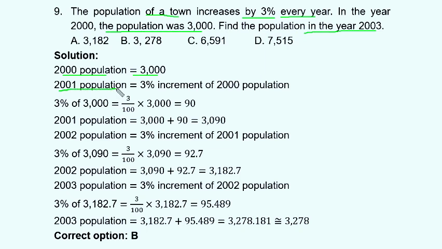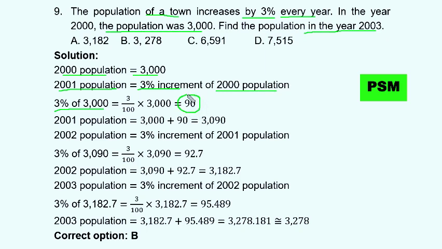Then we move to the year 2001 population, which is equal to 3% increment of the year 2000 population. That is 3% of 3,000, and that gives 90.